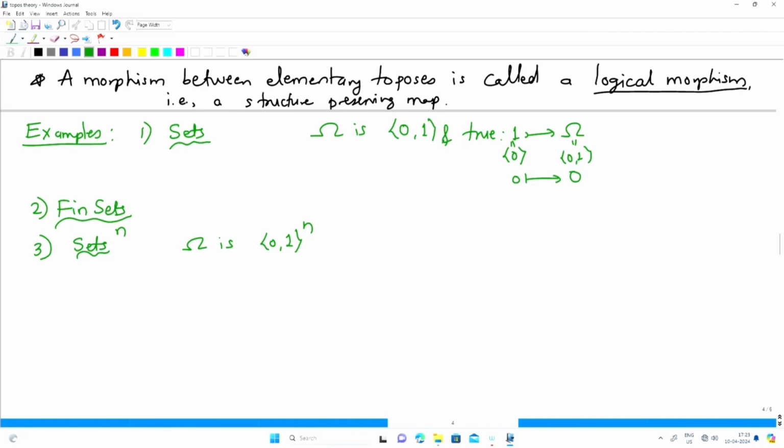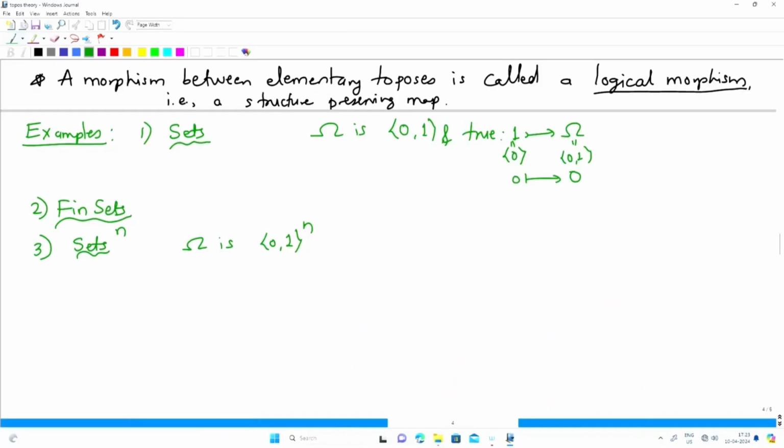In total there are 2 to the power n truth values. So it's a Boolean algebra, a finite Boolean algebra with 2 to the power n elements. In fact, you can recover any Boolean algebra as a subobject. I will talk about it. And true is obvious, the obvious map.